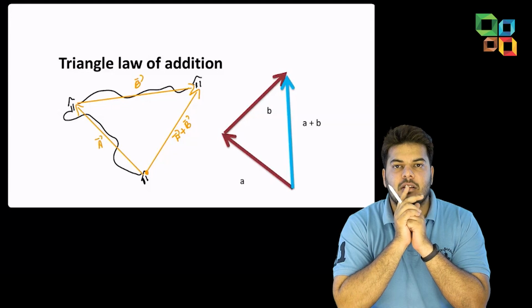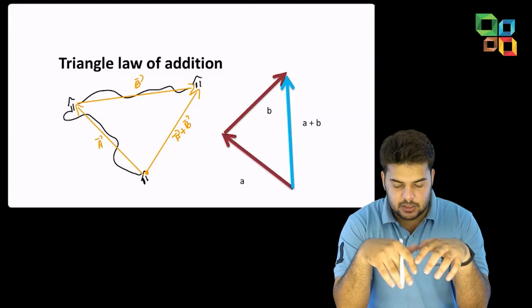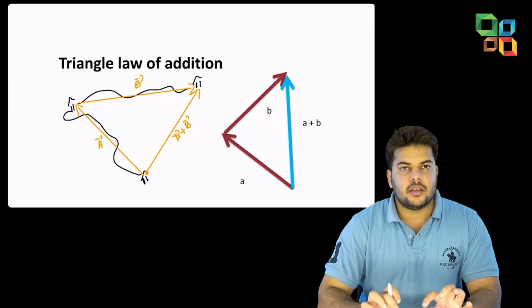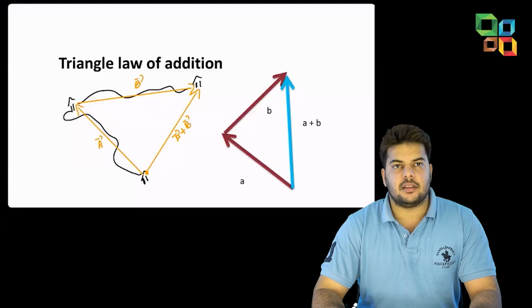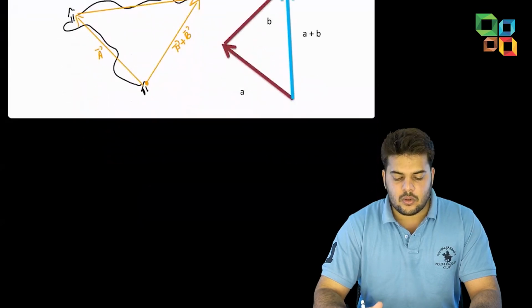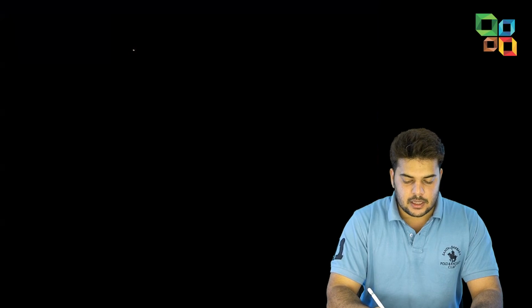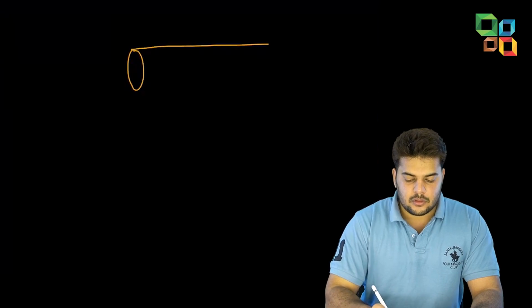Yes. So vector quantities. Vector quantities are basically these quantities that add up according to this law, isn't it? Displacement is a vector, that's why it adds up like this. What are the other quantities that add up like that? I think I'd given this example where, what did we have?